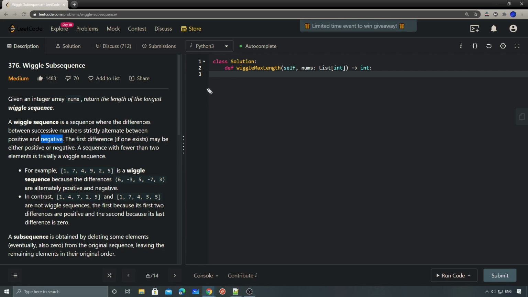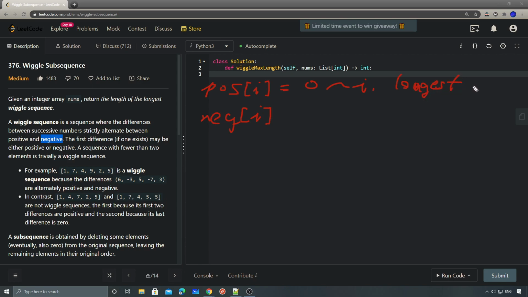So we're going to have a positive array and a negative array. These two DP arrays mean that at the ith location, from 0 to i, we store the longest Wiggle subsequence.